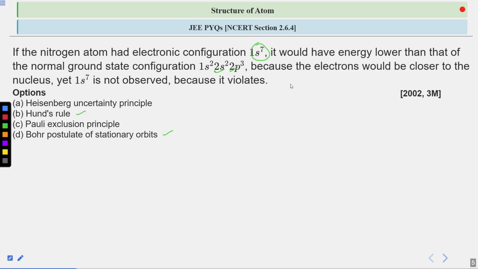And if it is closer to the nucleus, then the atom would be more stable. But it is seen that your electron cannot go into an orbital which already has 2 electrons. It goes to the next one. So with this, your time to solve this question starts.